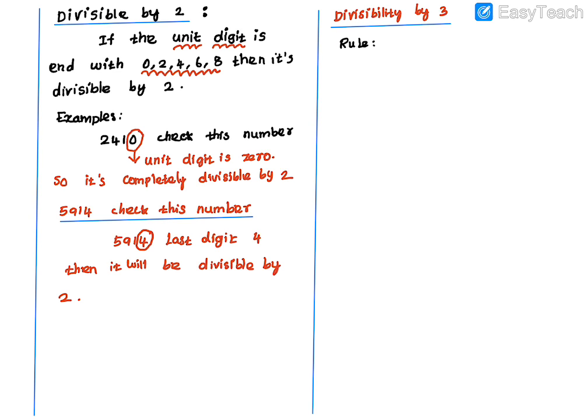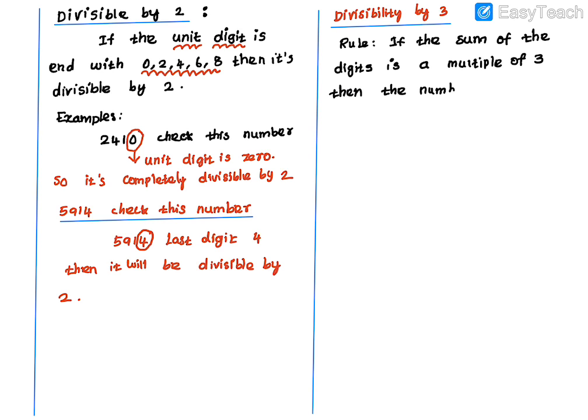The rule is, if the sum of the digits is a multiple of 3, then the given number is divisible by 3.